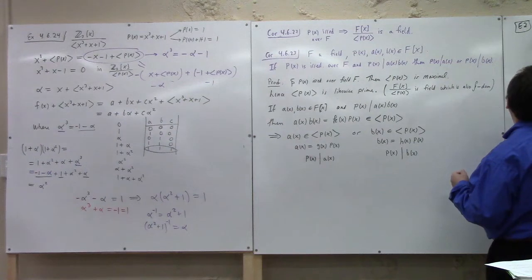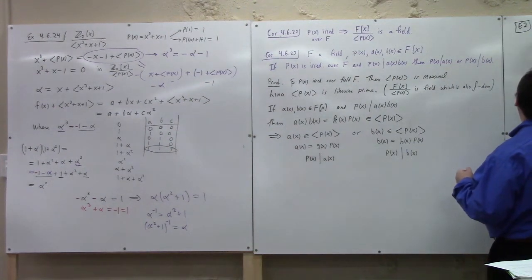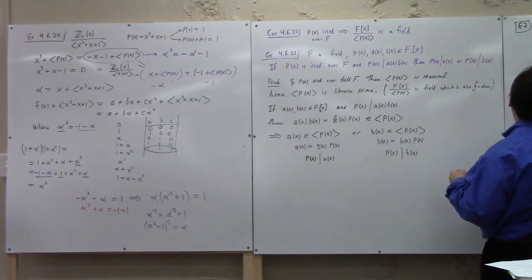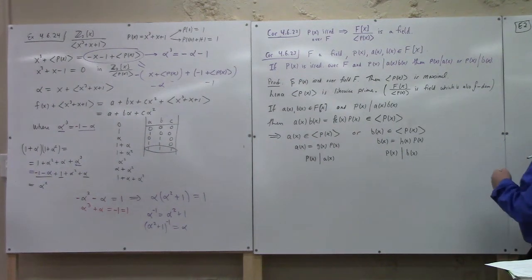If I take the real polynomials and I quotient by x squared plus 1, which is irreducible, then I can look at this as the set of a plus b alpha, such that alpha is equal to x plus the ideal generated by x squared plus 1, and a and b are real numbers. And here, in this case, alpha squared plus 1 is going to equal 0.